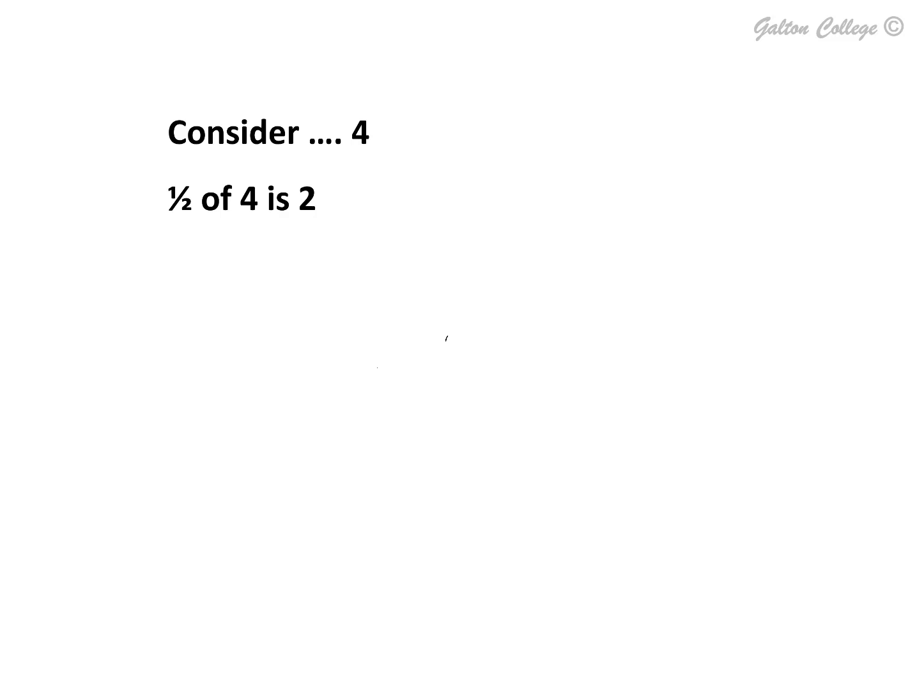Now, let's consider a half of 4, which is 2. Well, we're going to meet this again in a few moments, but let me preempt it by saying that what we've got here is a half of 4. Well, when I say of 4, and I'm going to emphasize this later, of means multiply.